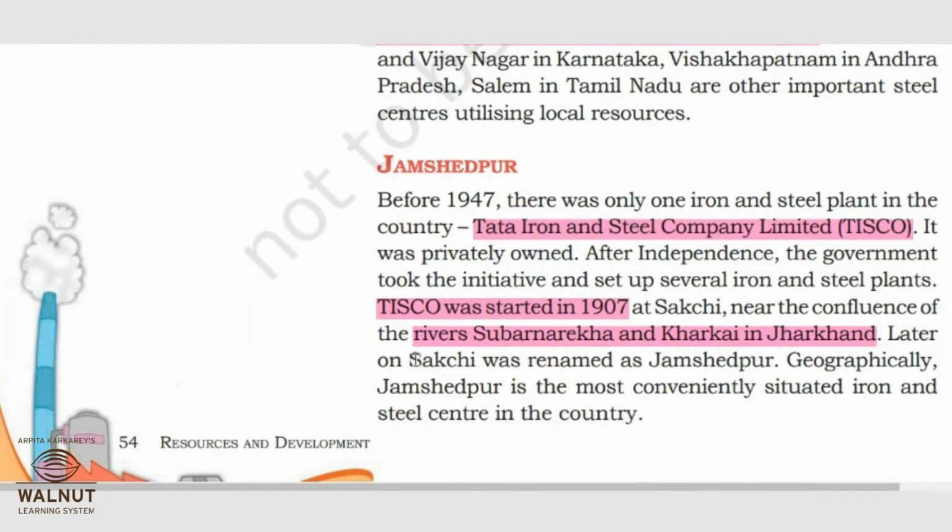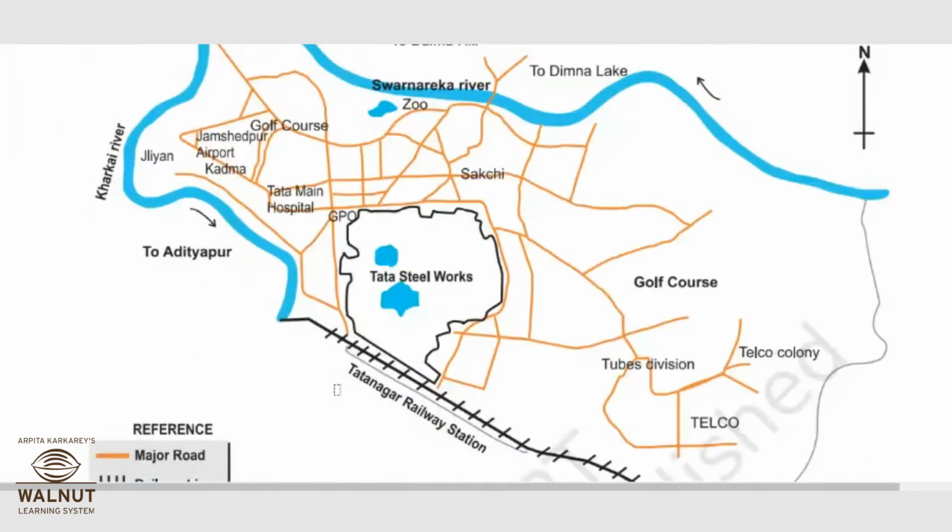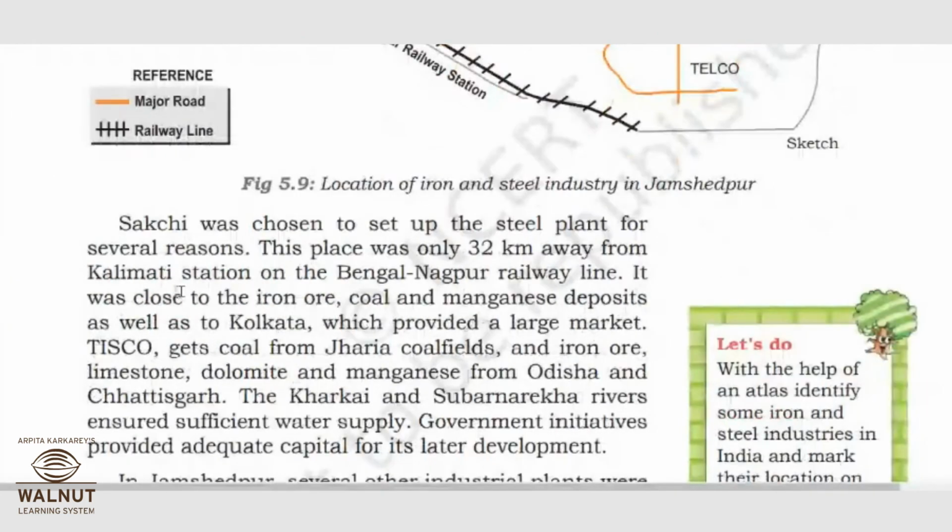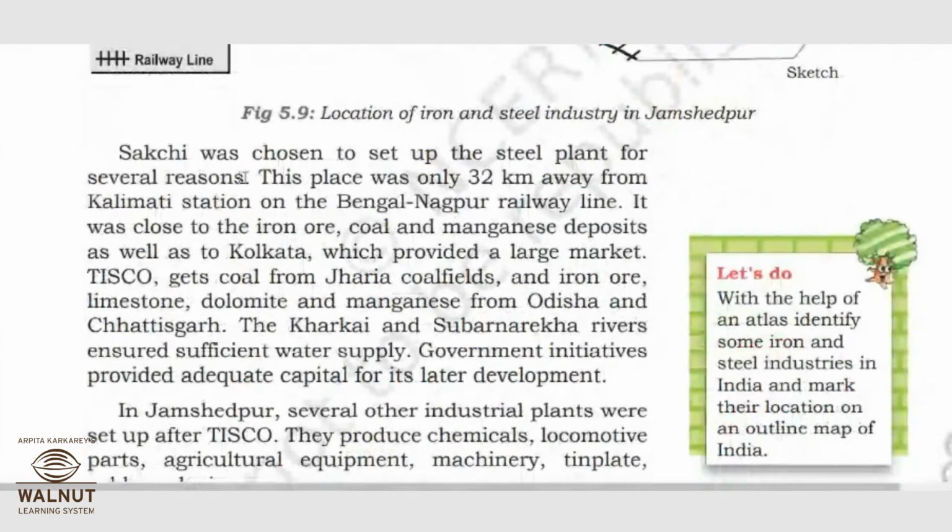At a later stage Sakchi was renamed Jamshedpur. So this is another advantageous place. I want you all to read this paragraph from Sakchi till later development, and tell me some other factors which are highly advantageous, why this place, Jamshedpur, was chosen to be the place where this industry was set up.